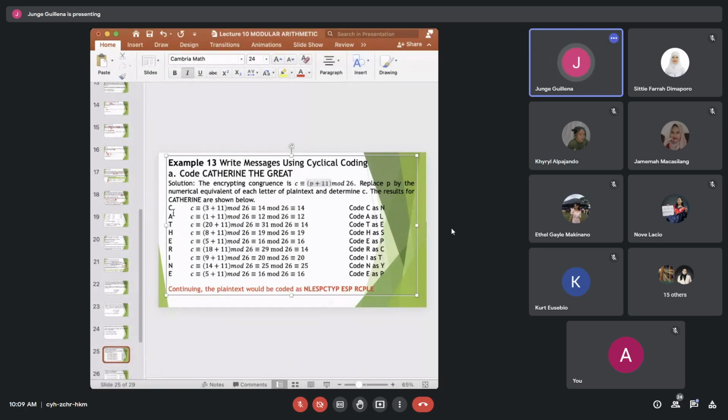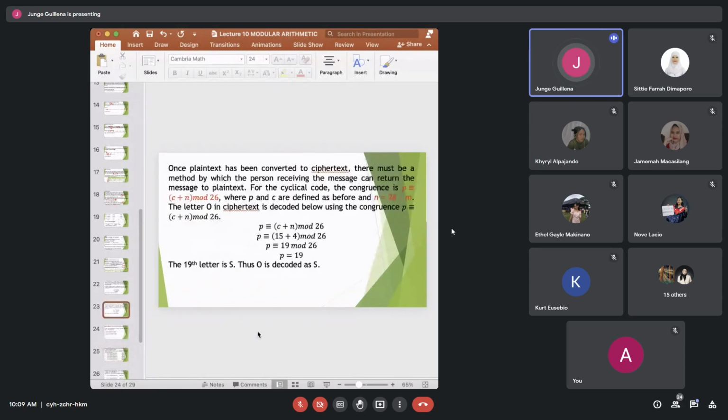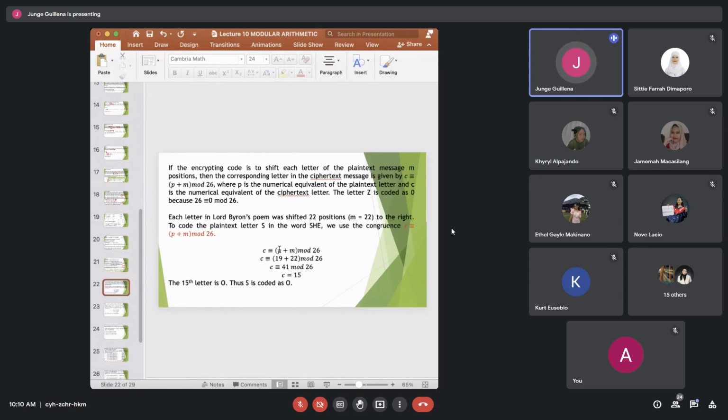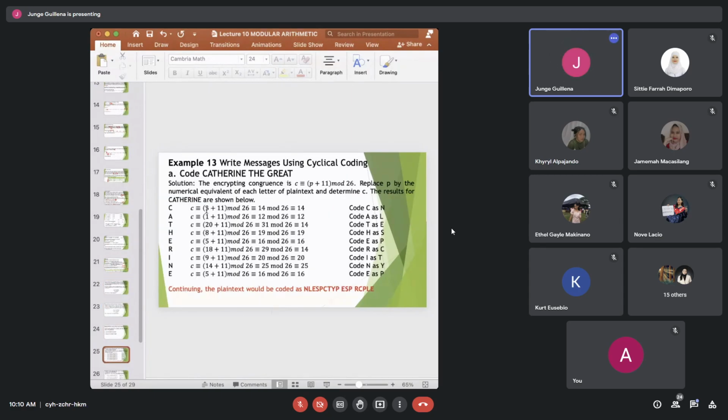For letter C, P is 3. If you look back at the table, C has a numerical equivalent of 3. So your P is replaced by 3 because you are coding the letter C, from plain text to ciphertext.